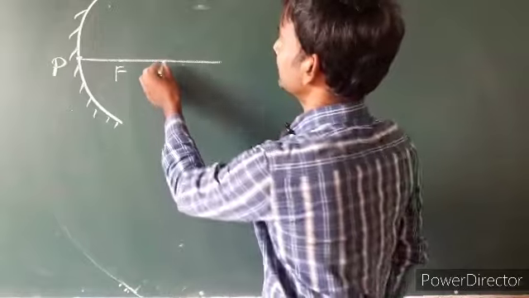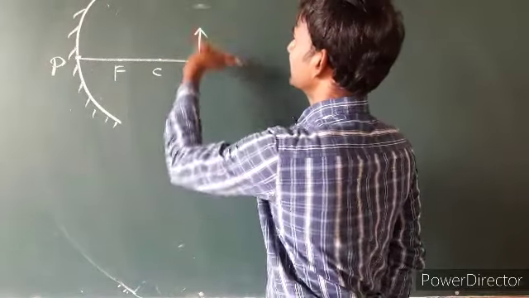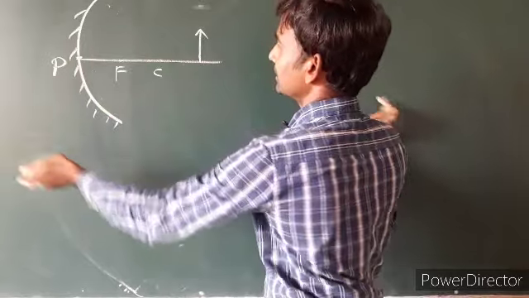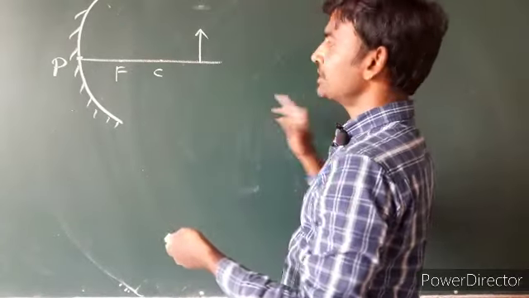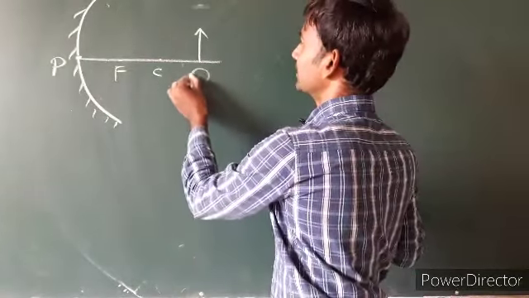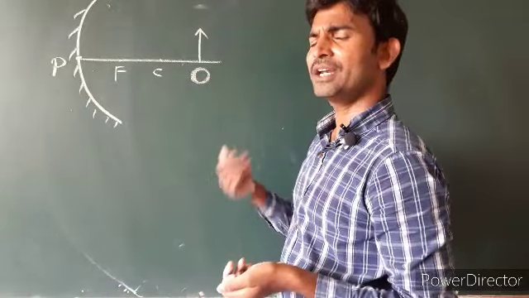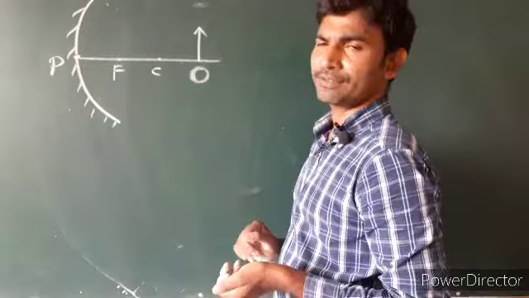Now the object is beyond C. Where is the object? This is the object, for example a candle or any object we consider here.